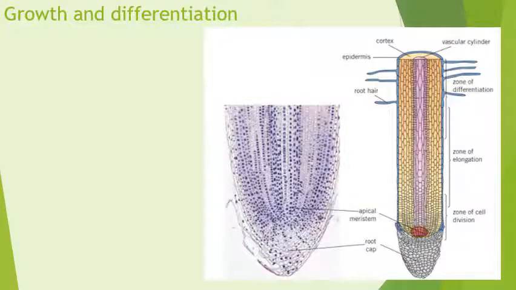So let's look at growth and differentiation then. In animals, most differentiation happens at a very early stage in development. By the time a baby is born, it already has all of its cells differentiated and specialised to perform specific functions.